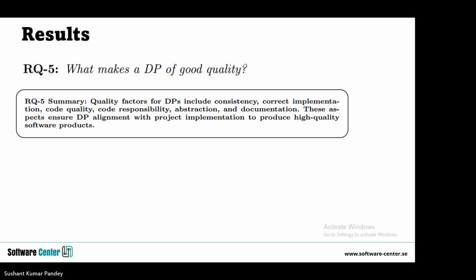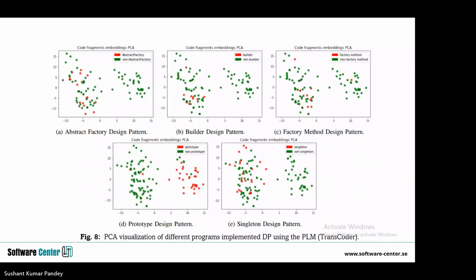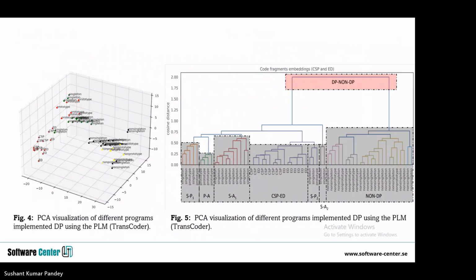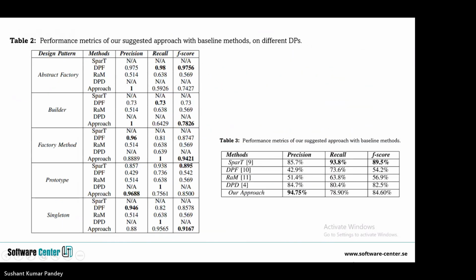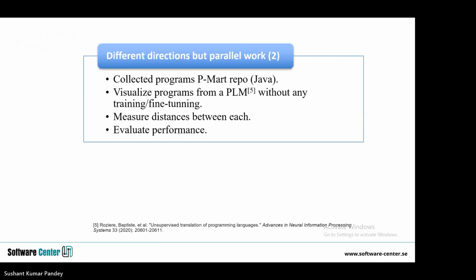Just curious in terms of the data set: you identified five or six different design patterns, but there are many more. So how did you come up with the list?